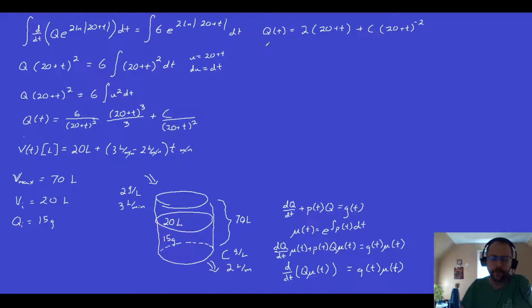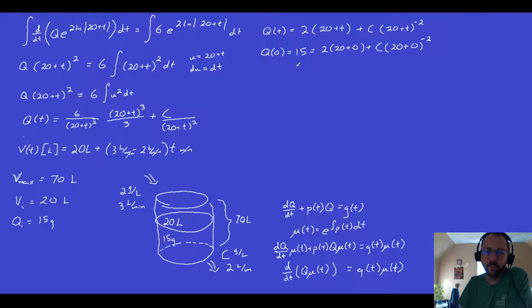So the quantity of salt at time 0 equals 15 grams, which is equal to 2 times 20 plus 0 plus c times 20 plus 0 to the negative 2.